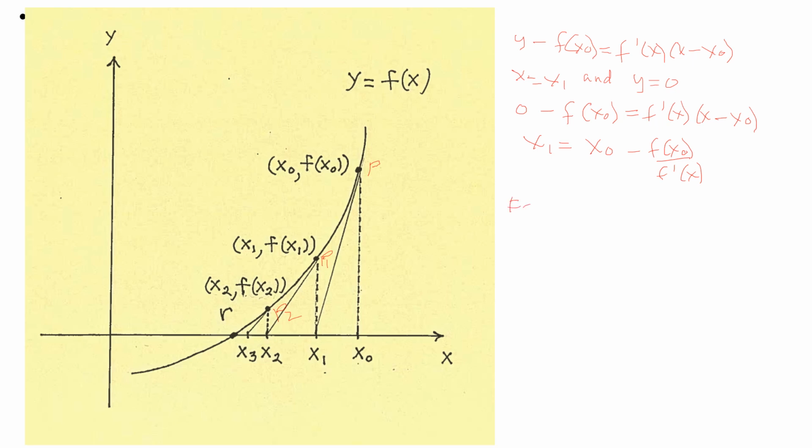So for the next iteration, or for the next approximation, your x sub n plus 1 equals x sub n minus f of x sub n all over f prime of x sub n.